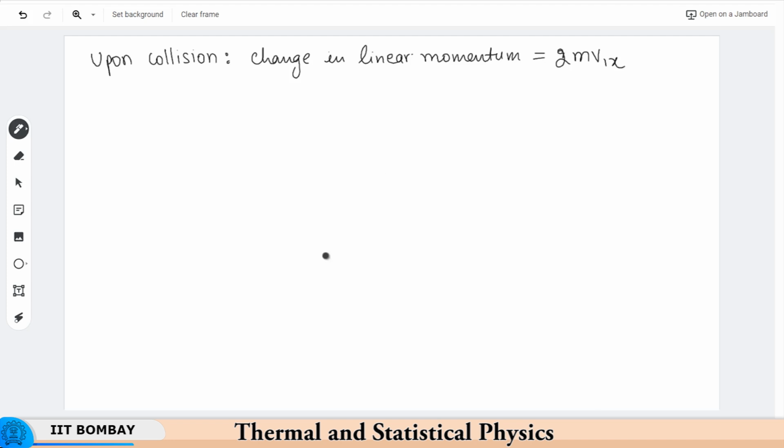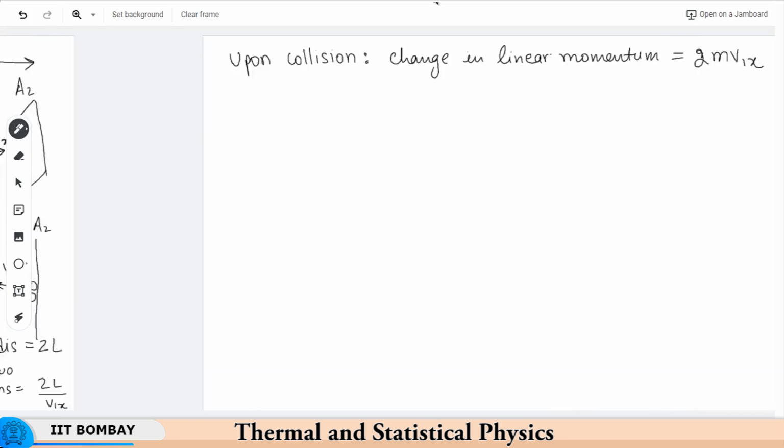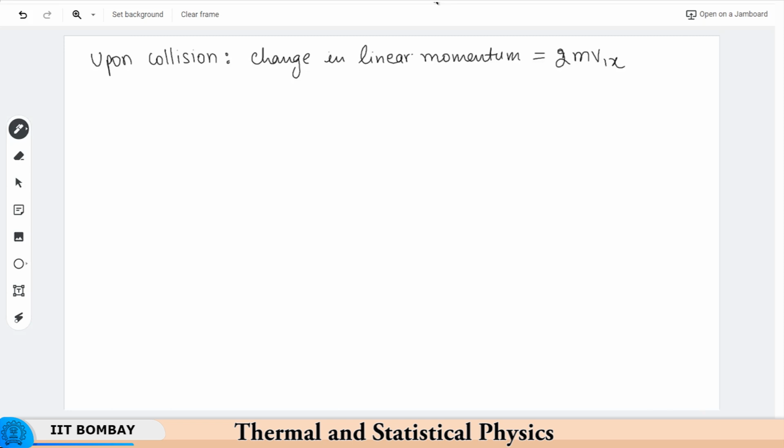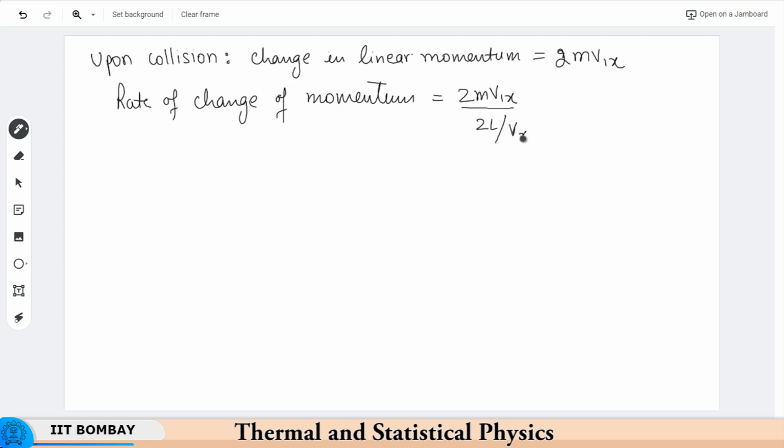And since this momentum is changing over a time interval which is 2L divided by v1x, the rate of change of momentum is basically 2m v1x divided by 2L over v1x, and this is nothing but m v1x squared divided by L, right.